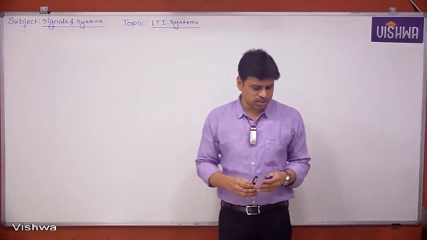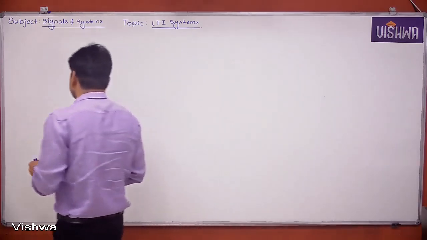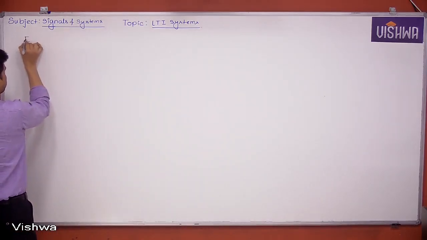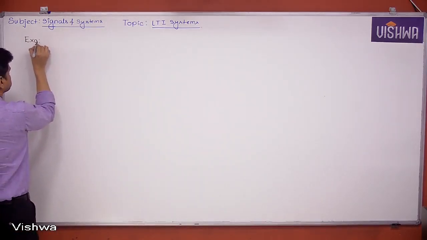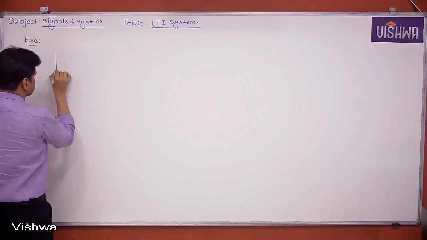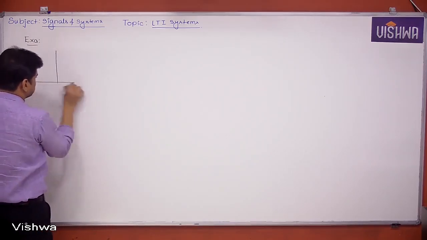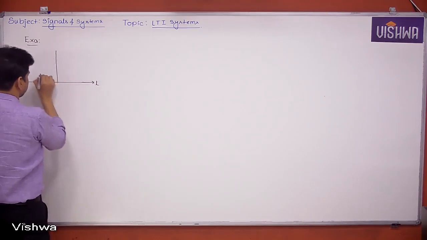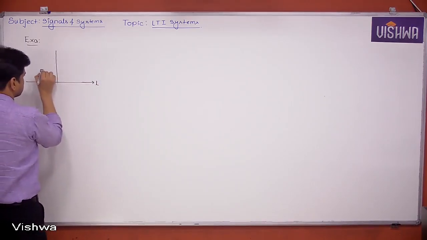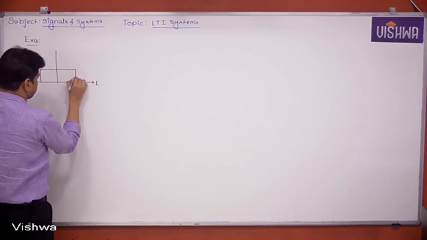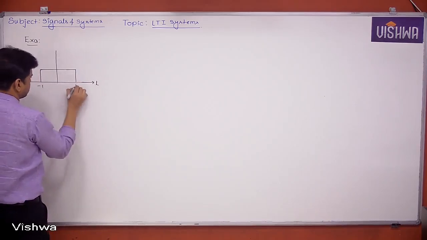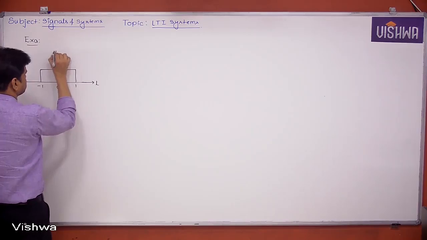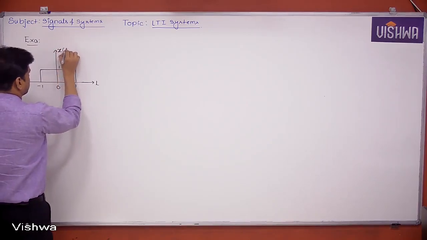Let's take one question so that we can understand how easily we can do it. Suppose, for example, I have taken a rectangular pulse which is existing between -1 and +1, with amplitude 1, this is x of t.